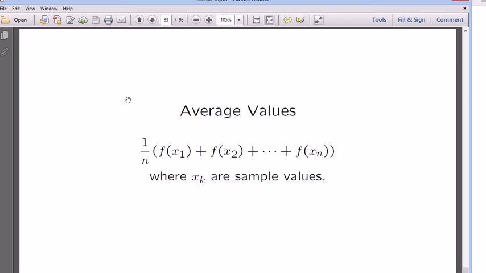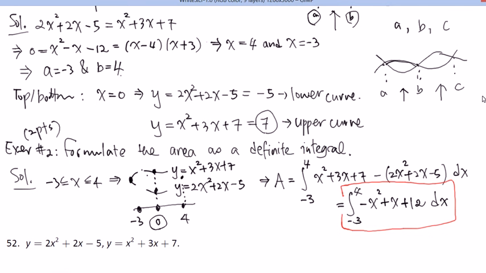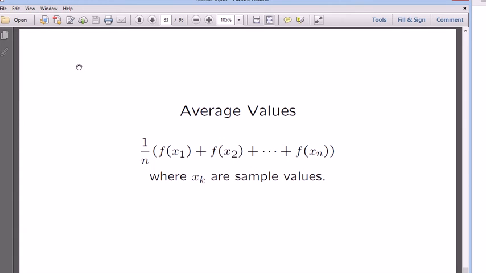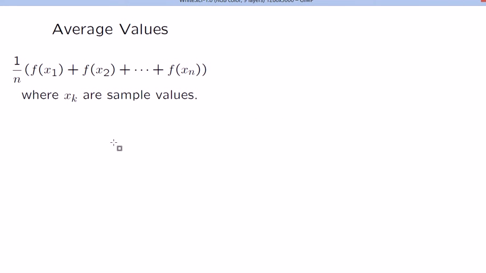Here's a slightly simpler setting. So here's the average value. Let me go ahead and grab everything, so I include the title. It's the third application, average value. Suppose we have a function just like the ugly one there, and suppose we reduce it down to an interval a and b.